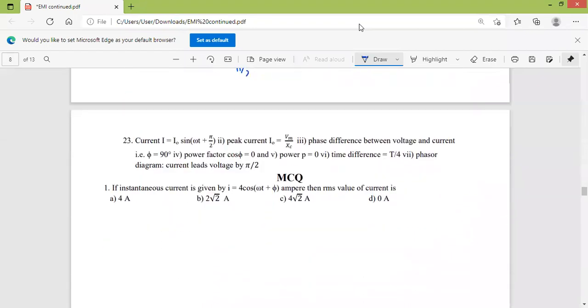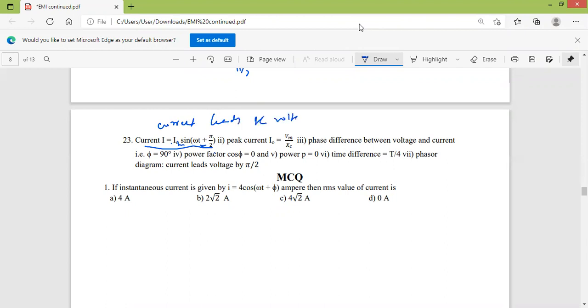Next, for a capacitive circuit, current is equal to plus I naught sin omega t plus pi by 2. The plus represents that current leads the voltage.